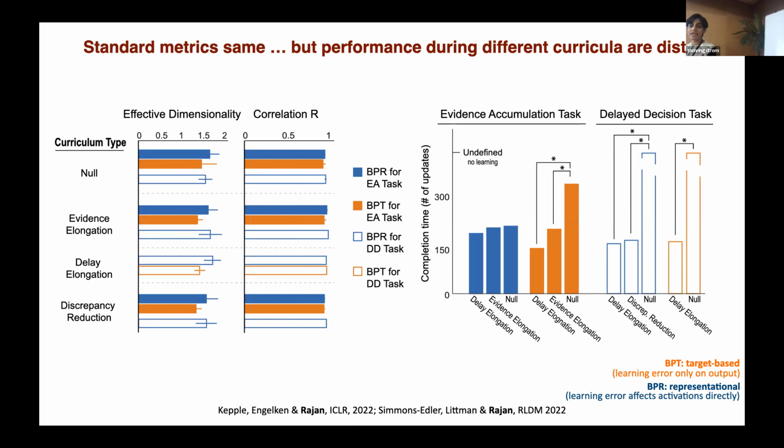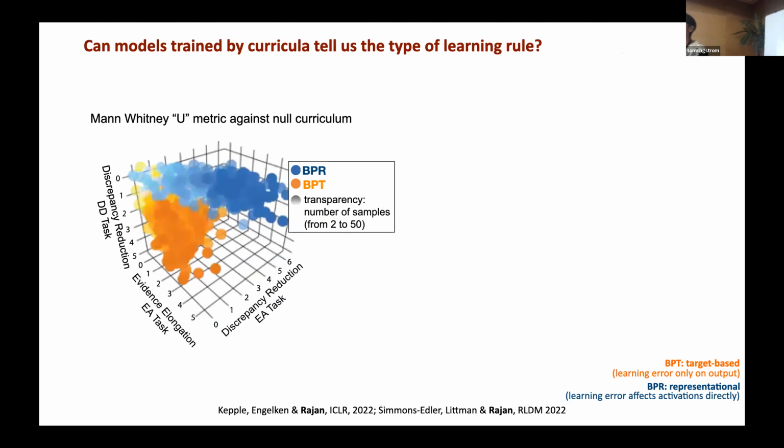Now, to really quantify this further, we wanted to do some statistics on it. So what we did was bootstrap. There's a lot going on here, so let me guide you through this slowly. First, the colors. The orange is a regular backprop through time, target-based. Error is only computed at the behavior level. Representational backprop is something where you've changed the neural activations to help you do the task.